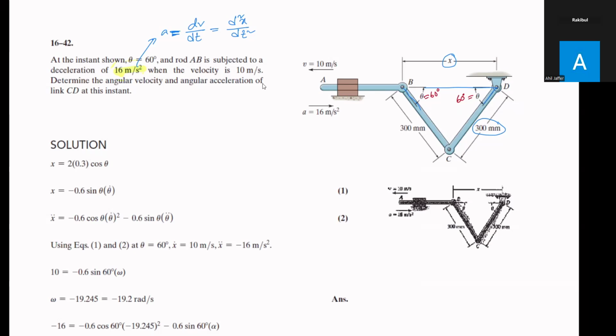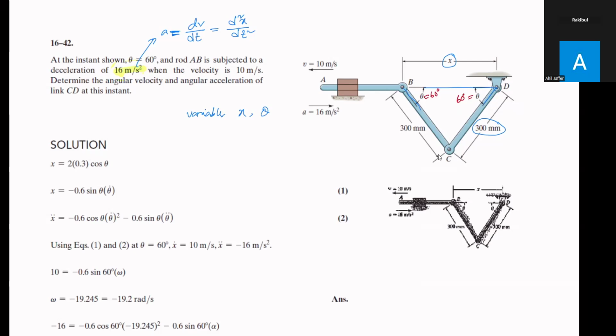Because if it moves, the angle is going to change, but the lengths are not going to change. The 300 millimeter is not going to change. So theta is going to change, and the variables are x and theta.